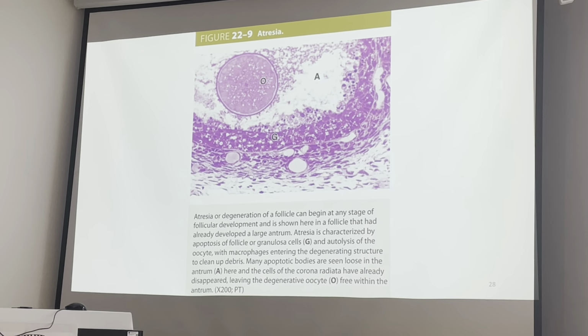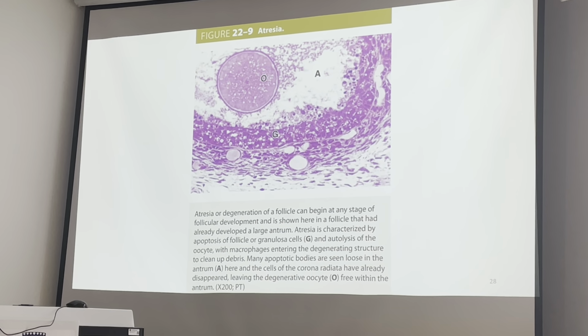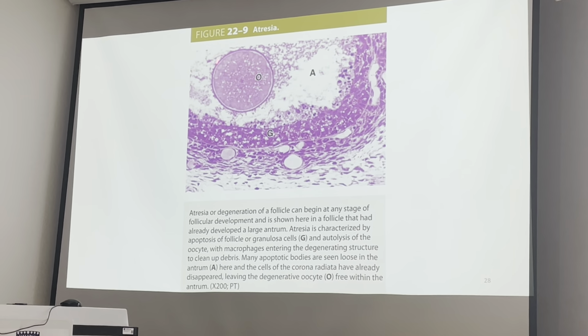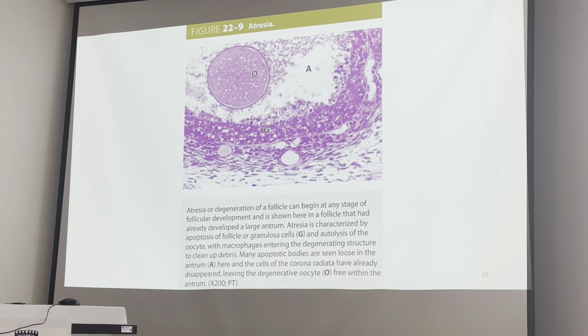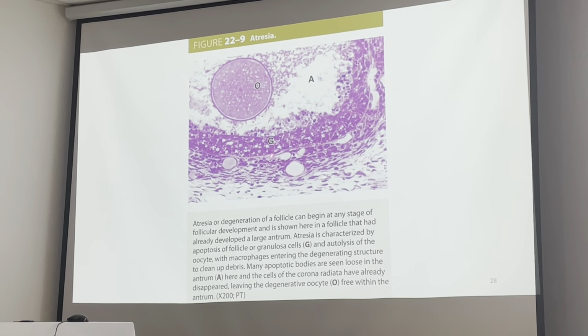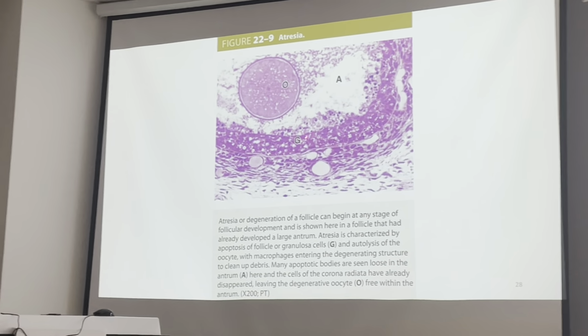Here you can see an atretic follicle. In an atretic follicle, as you can see, the oocyte is completely detached from the granulosa cells, and the granulosa cells go to apoptosis.